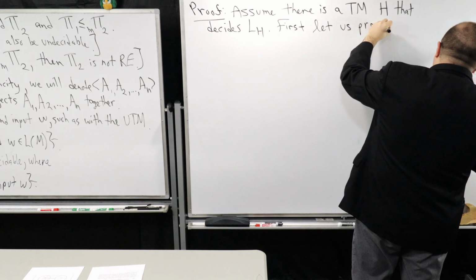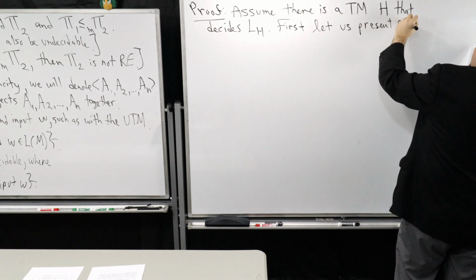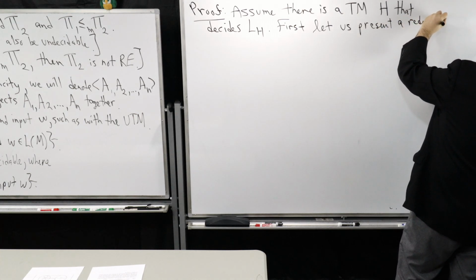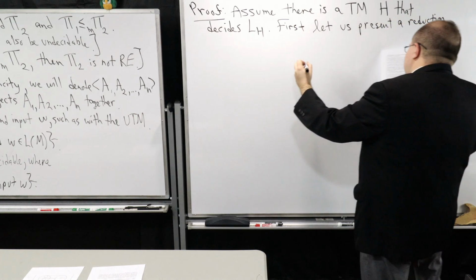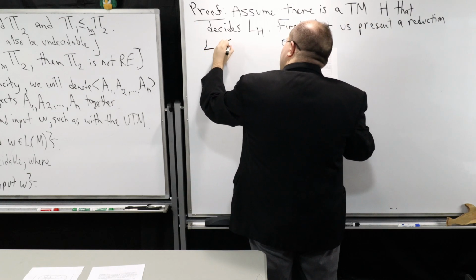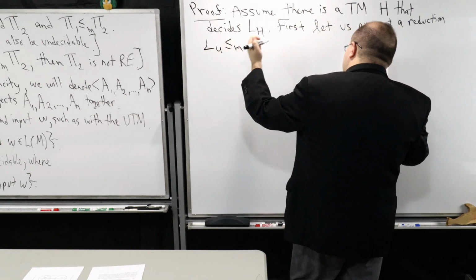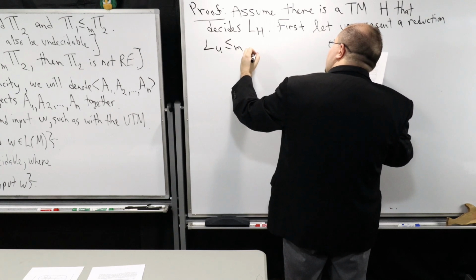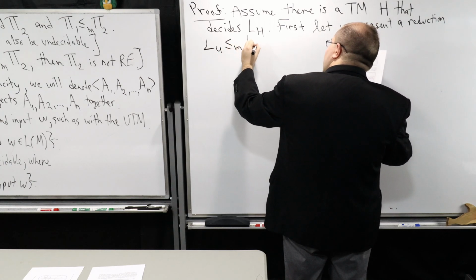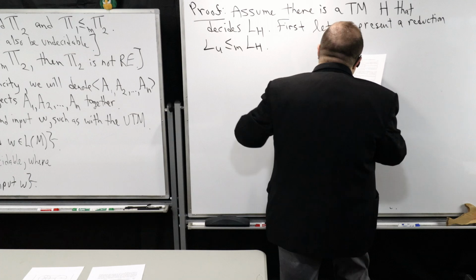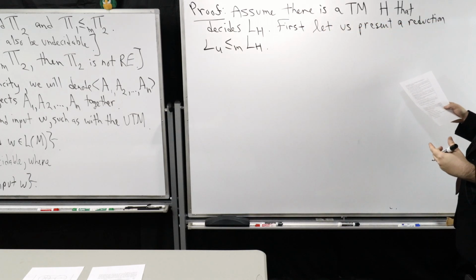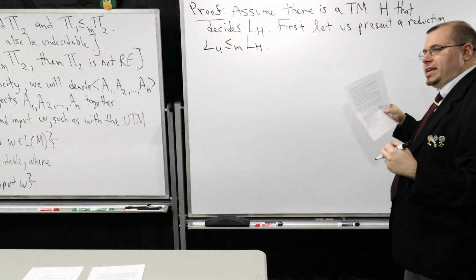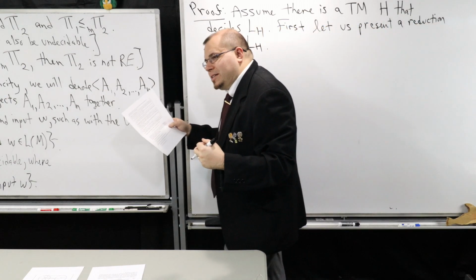So first, let us present a reduction so that we get LU reduces to LH. I'm going to describe now the reduction, and then once I have that description, you can think of it like a subroutine that my algorithm is going to use.